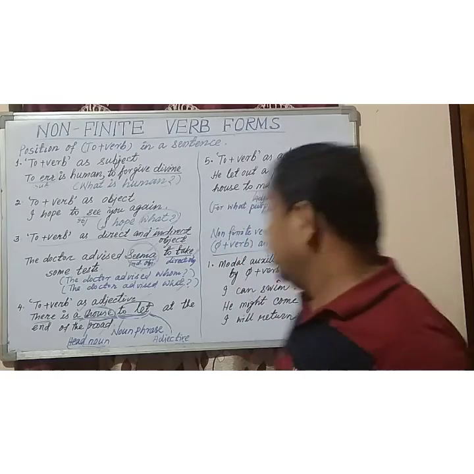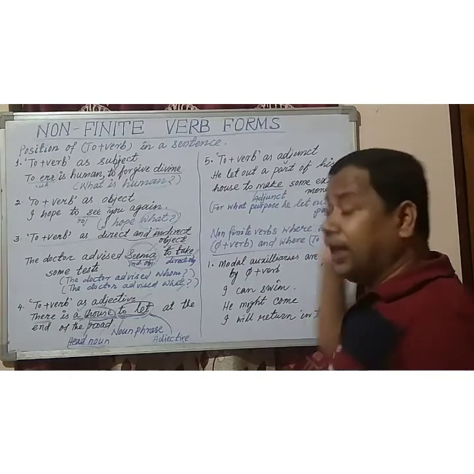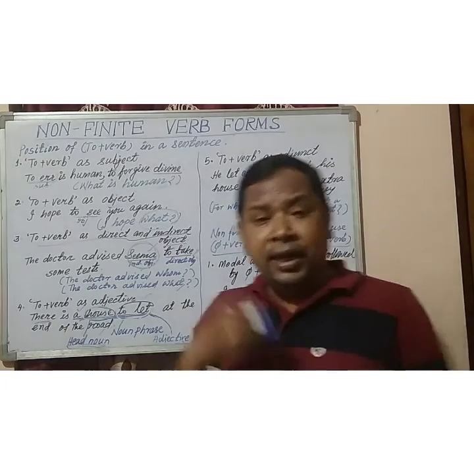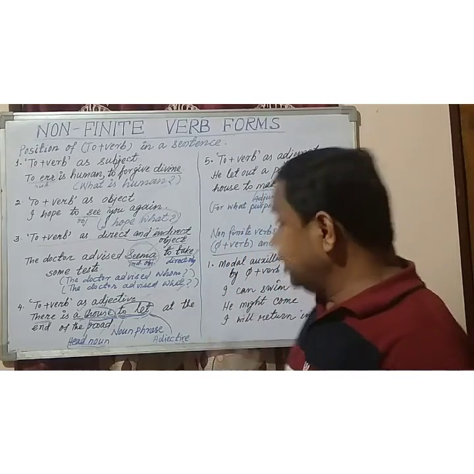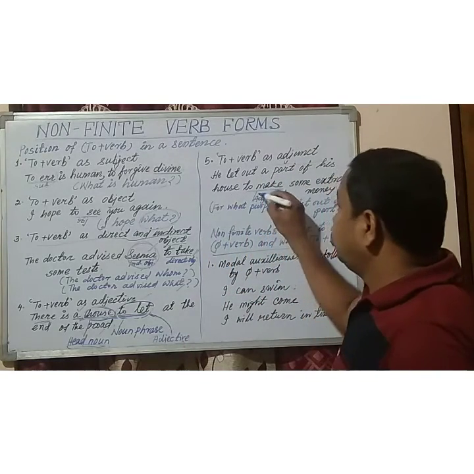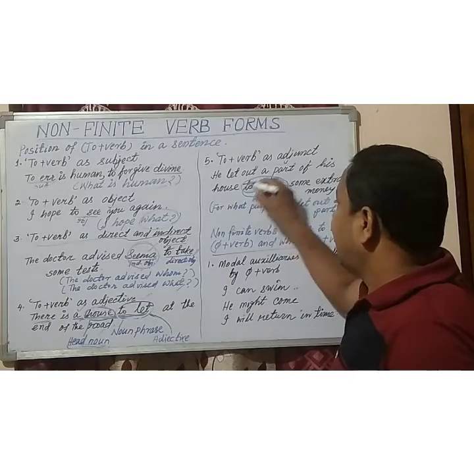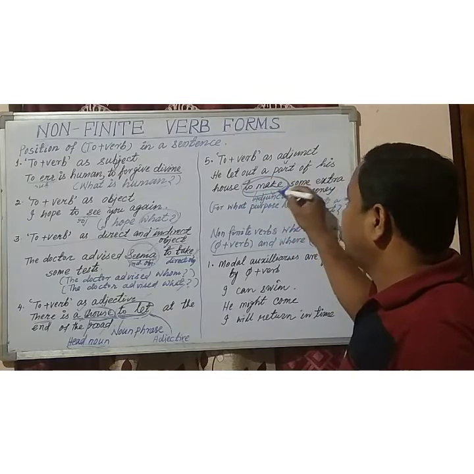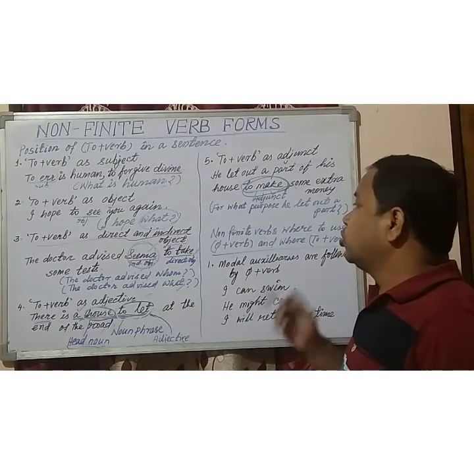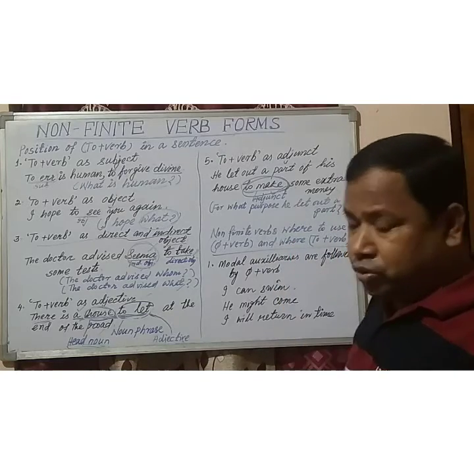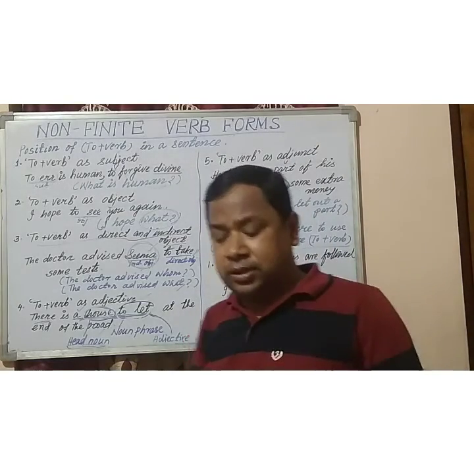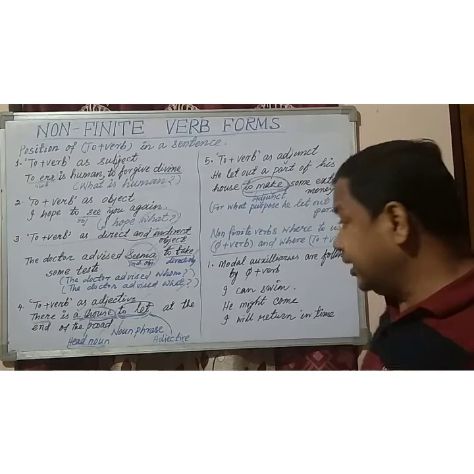Automatically the answer comes: to make some extra money. So this answer shows that to make is the adjunct here. So to plus verb is also used as adjunct in a sentence.